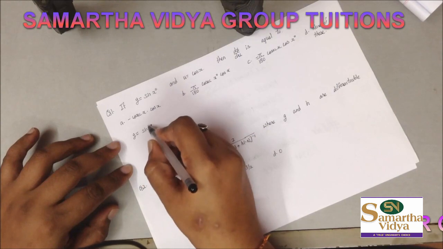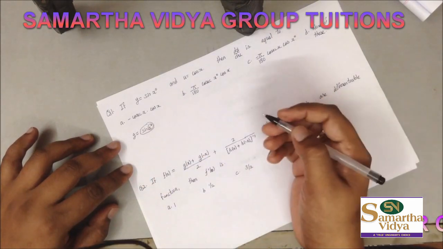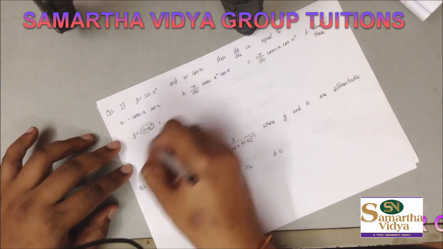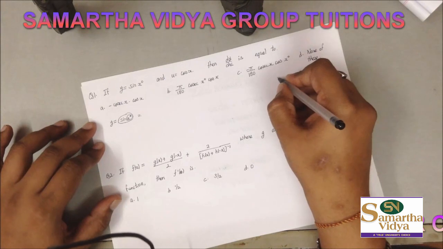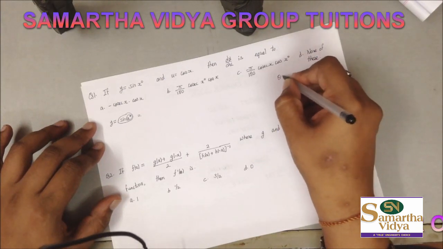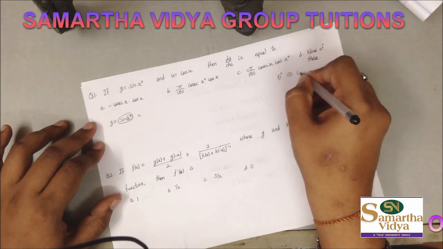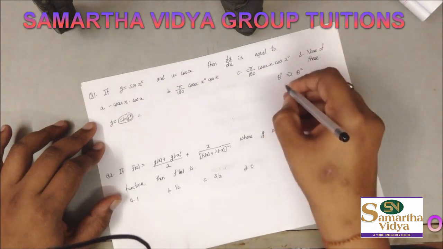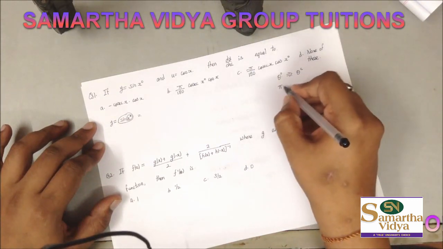So here the important concept is we have to convert degrees to radians. For the conversion, you can just recollect: if you have a theta given in degrees and I need to convert it into theta in radians, we use the term pi by 180.